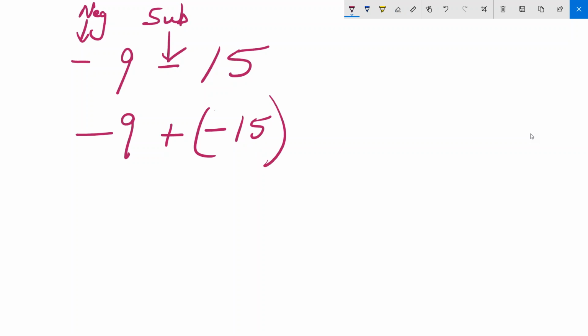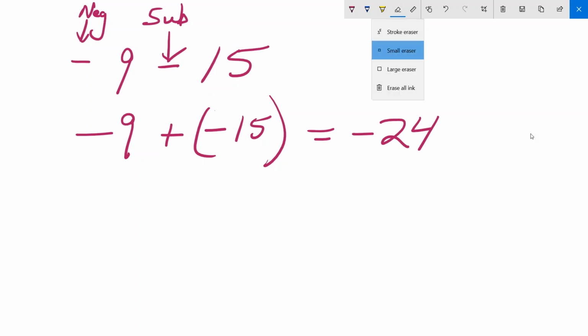The advantage is you know how to add, right? Yeah. So what's the answer? Positive 24. Oh, when you're adding two negative numbers, you always get a negative number. Always. Negative 24? Yes. Just remember, if you are adding two negative numbers, it's equal to a negative number. Right, 100% of the time. Okay, what else?